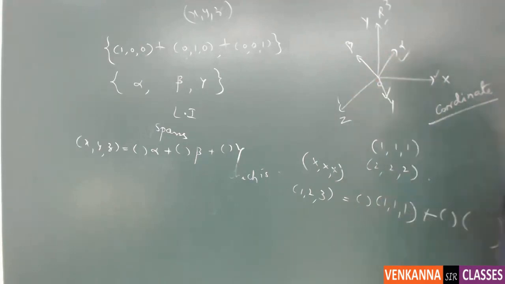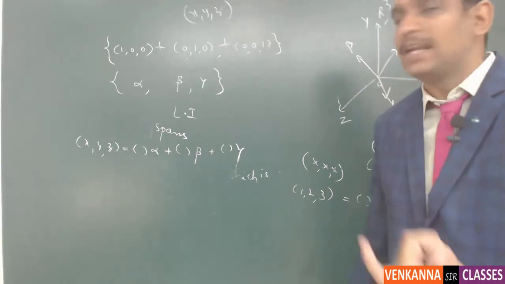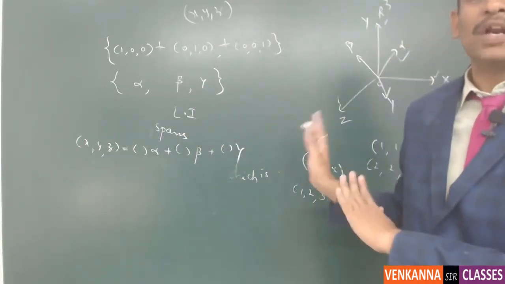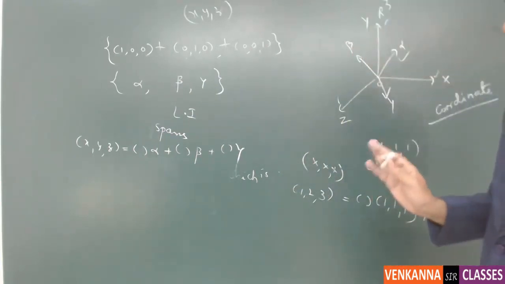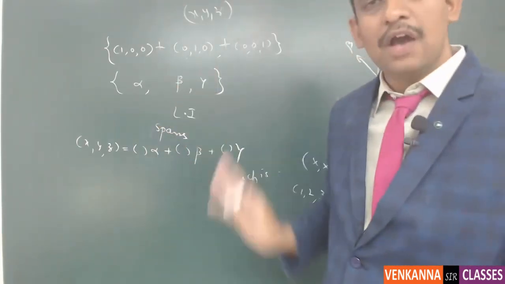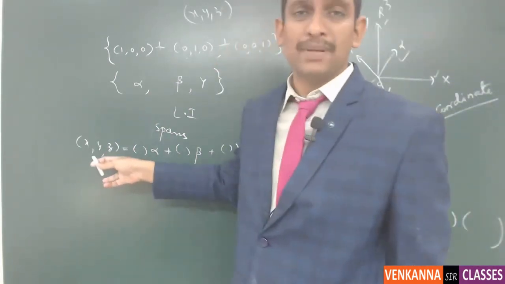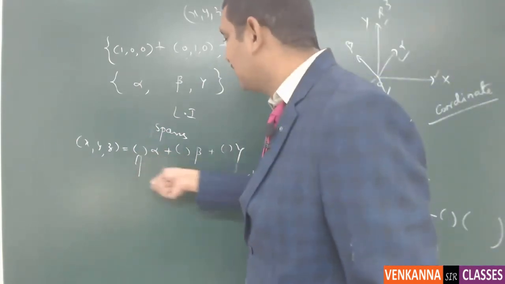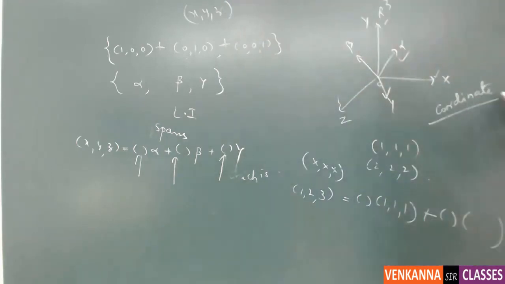So typically there is a specific pattern for finding the linear combination. Clear? That is the geometrical view with regard to the basis. If alpha, beta, gamma is a basis for R cube, then whenever you take a vector, it can be represented as a linear combination of these. The scalars obtained in this combination, we call coordinates.